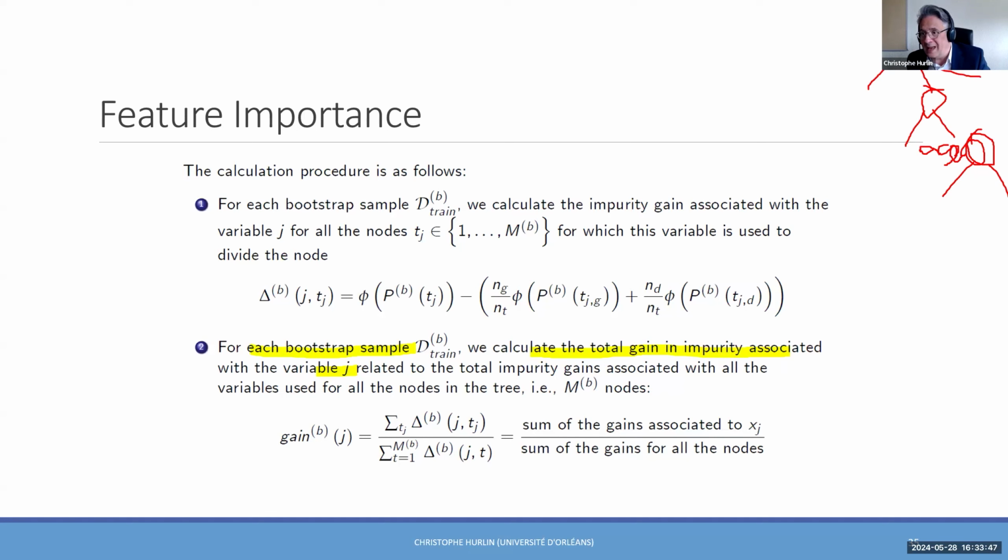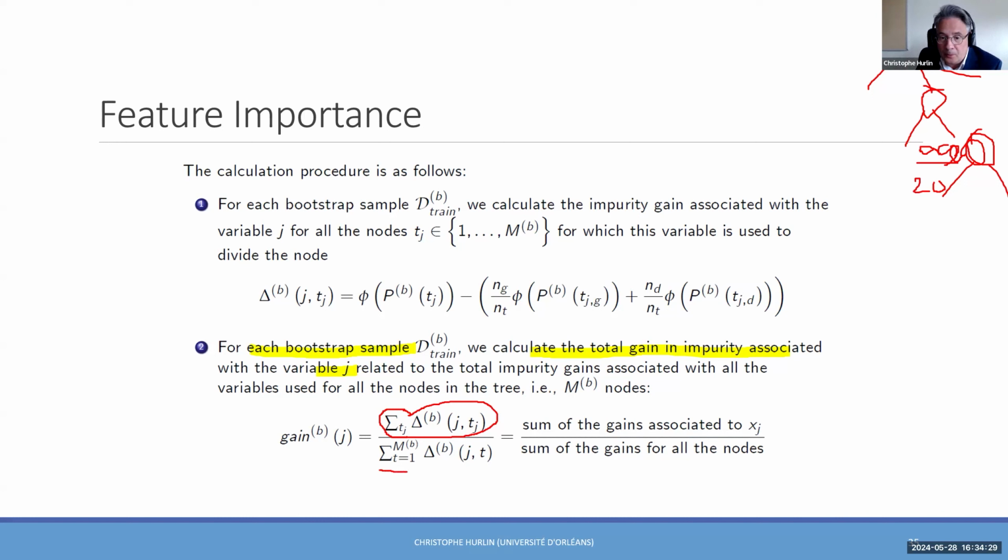So it's possible that the age variable is used 2 or 3 times within a given tree. So here we have a threshold of 30 years, here a threshold of 20 years, etc. We have a sum over all the threshold values of all the impurity gains allowed by the age variable. This is the sum of the gain in impurity due to the variable Xj.